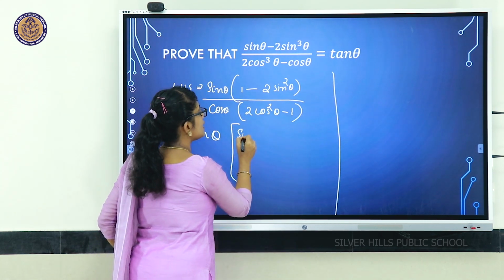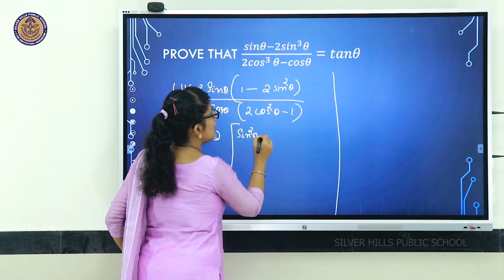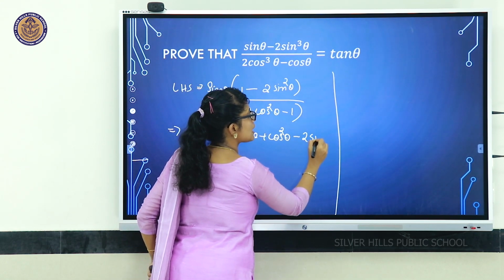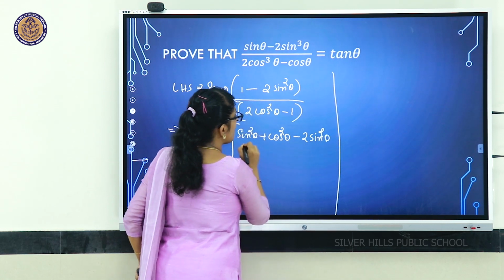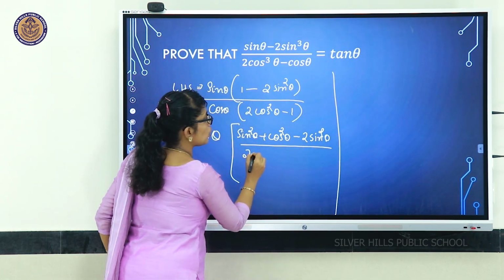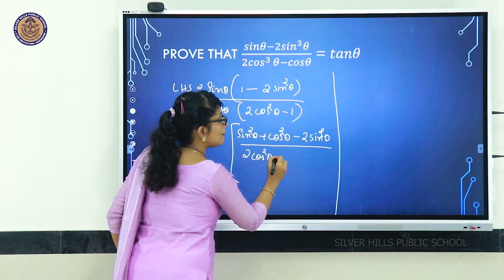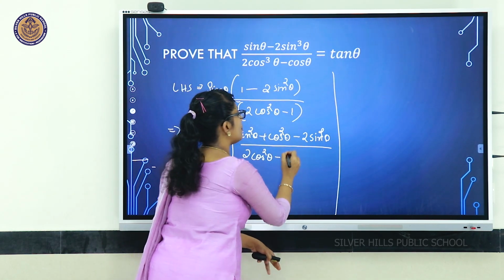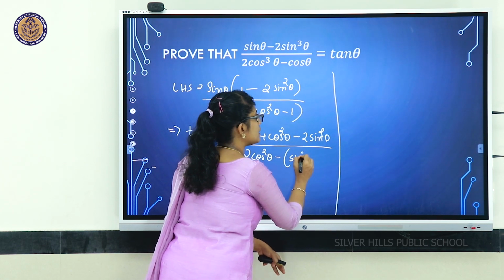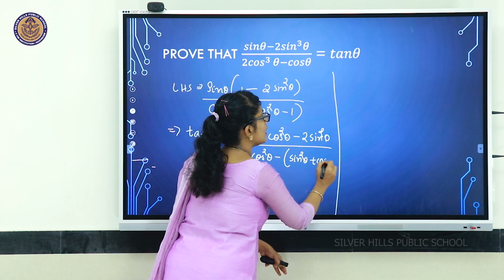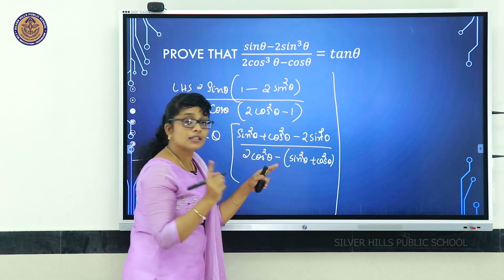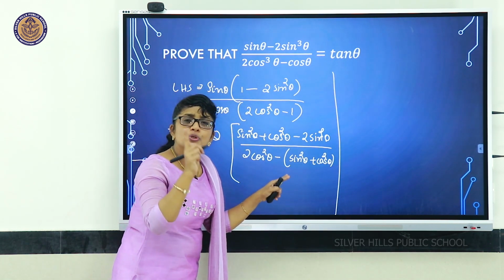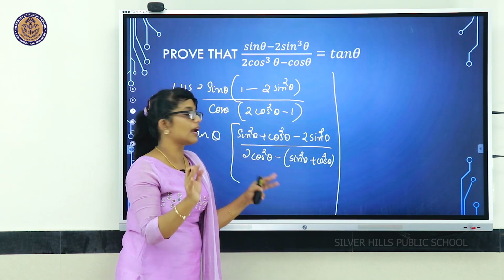So we can write sin square theta plus cos square theta minus 2 sin square theta, by 2 cos square theta minus, instead of 1 again using the same identity, sin square theta plus cos square theta. But one thing is very important: after minus you should put a bracket.